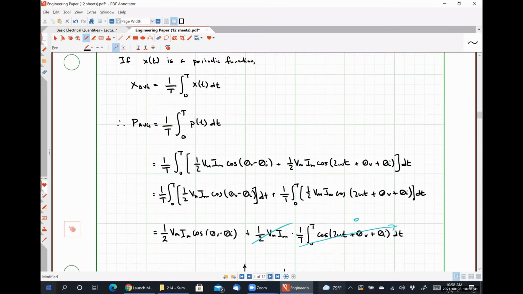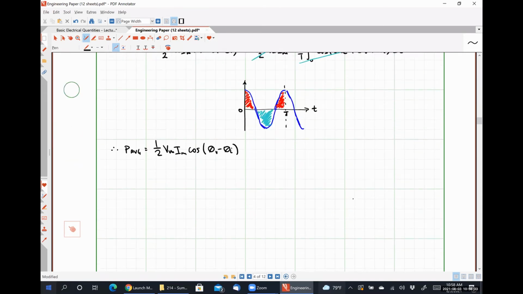From this, that's our generic representation. What if we have a resistor? What should the average power absorbed by a resistor be?